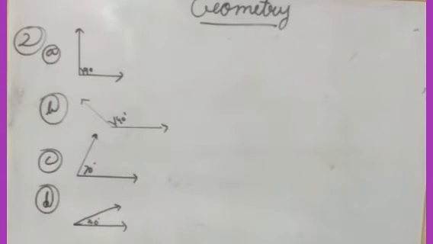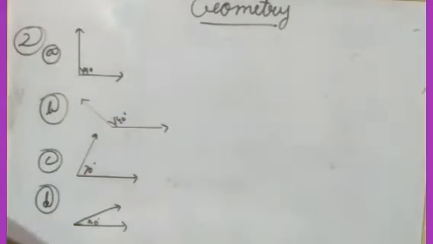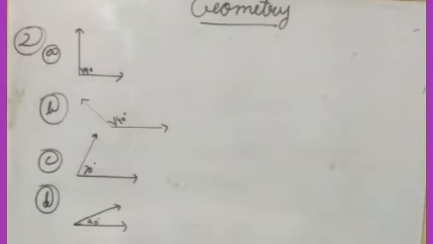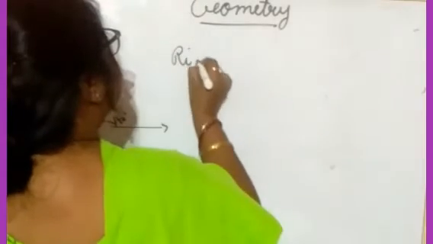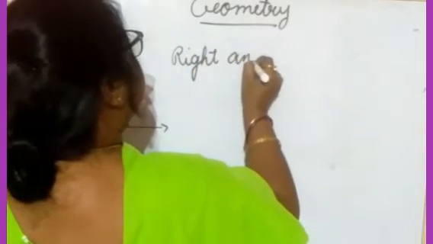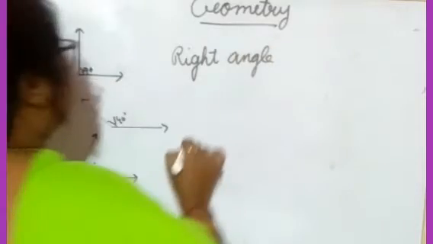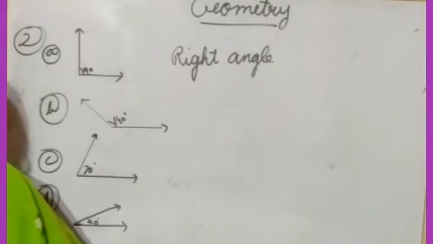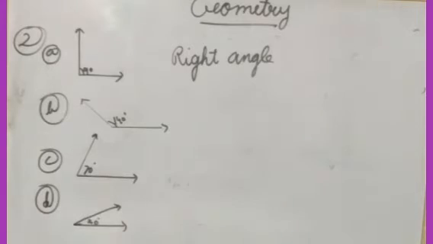Now, last class you learned about angles. If the angle is 90 degrees, which type of angle is this? A right angle. Here the measurement is 90 degrees, so you write right angle.